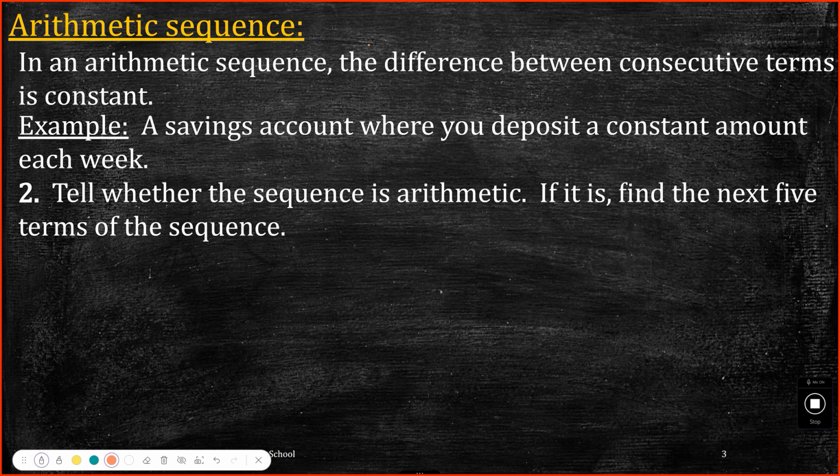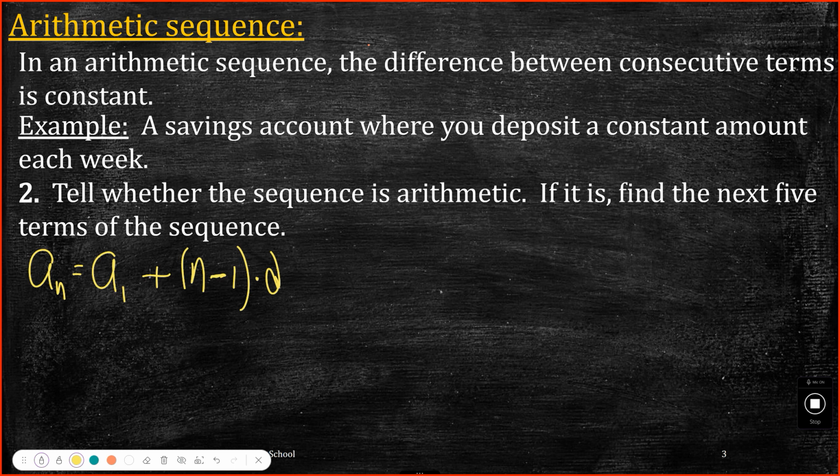So the formula for an arithmetic sequence is A sub n is equal to a beginning term, and then you're going to have plus n minus 1 times d.